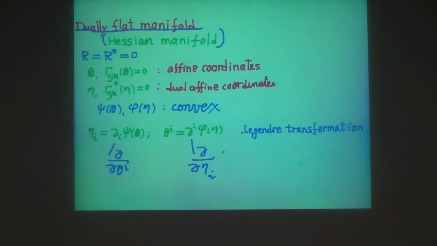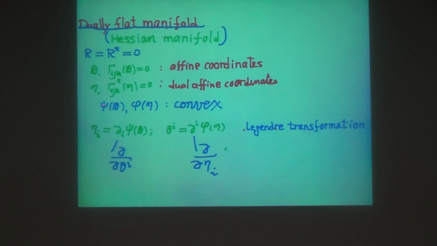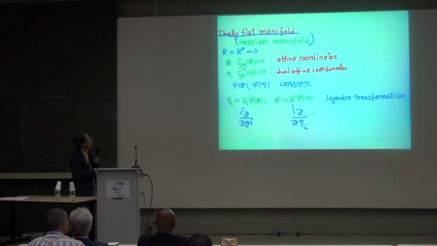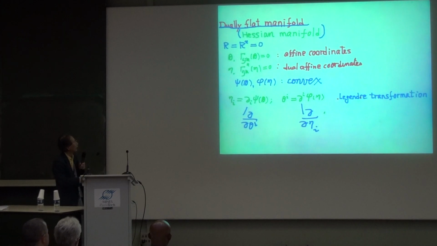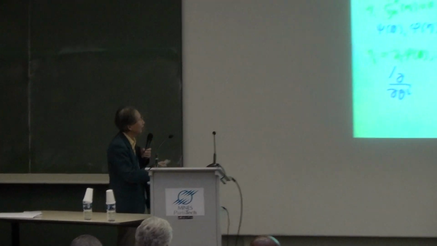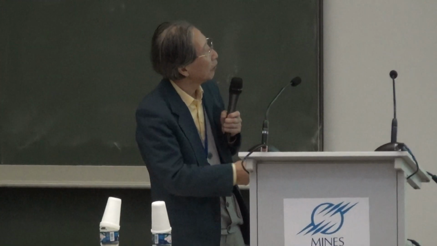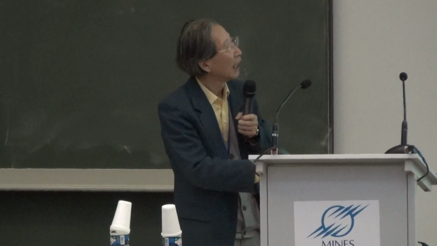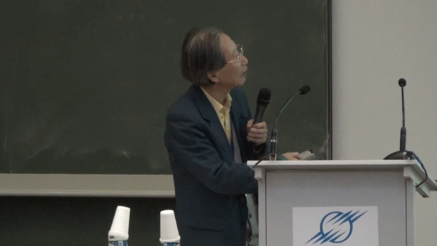Okay? And in this case we can also prove there exists a convex function psi for the corresponding theta, and another convex function for eta, such that theta and eta are connected by the Legendre transformation. This is a very interesting structure. We write the dual coordinate, the eta coordinate, as the gradient of the psi function, where d_i implies the derivative with respect to theta i, and theta i is the gradient of the dual convex function.